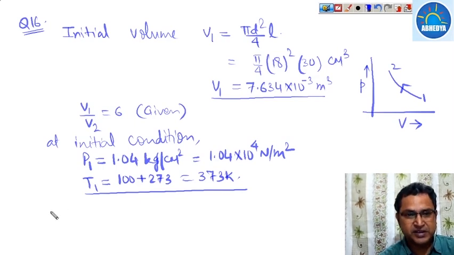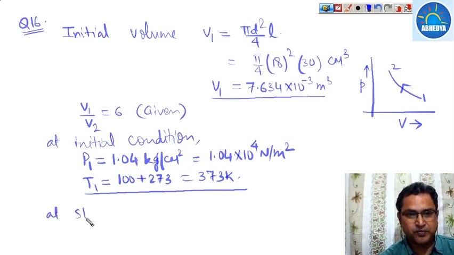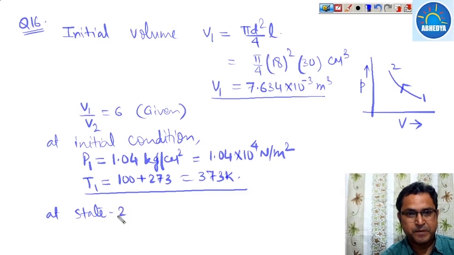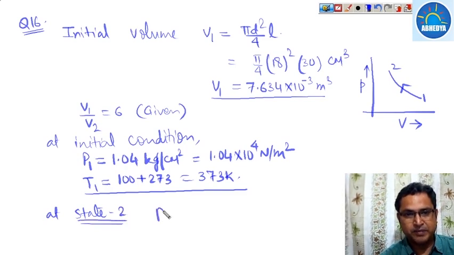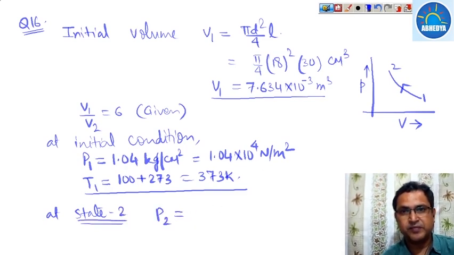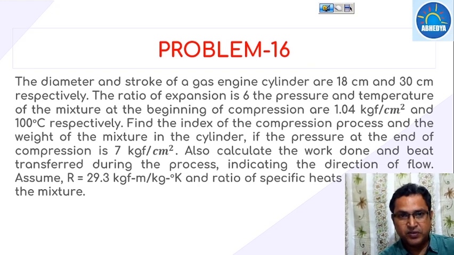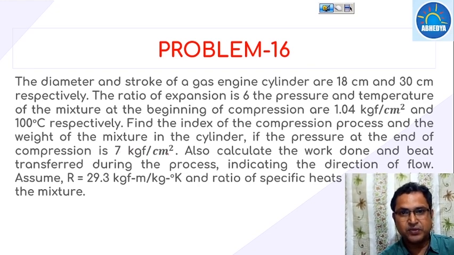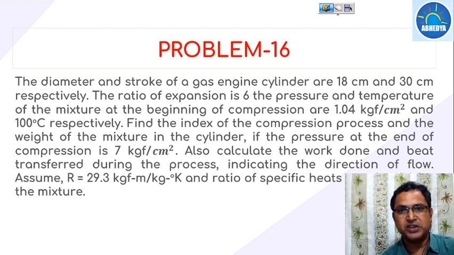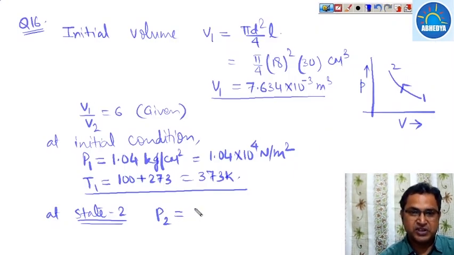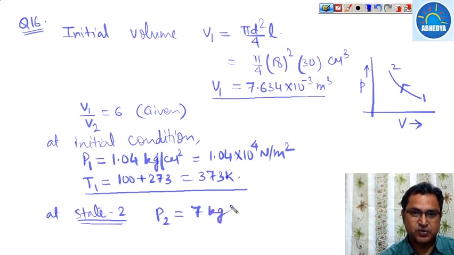Now the final stage, at state 2. The value of pressure is given as 7 kilogram force per centimeter square, if the pressure at the end of the compression is 7 kilogram force per centimeter square.